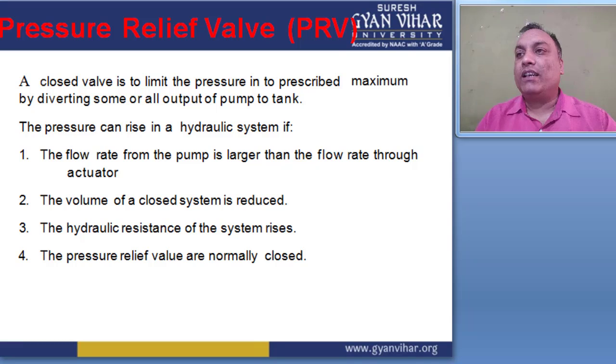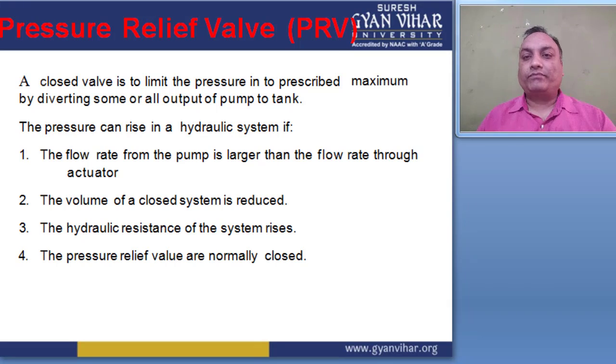The pressure is relieved by allowing the pressurized fluid to flow from an auxiliary passage out of the system, and the relief valve is designed to open at the predetermined set pressure to protect pressure vessels and other equipment from being subjected to pressure that exceeds their design limits.